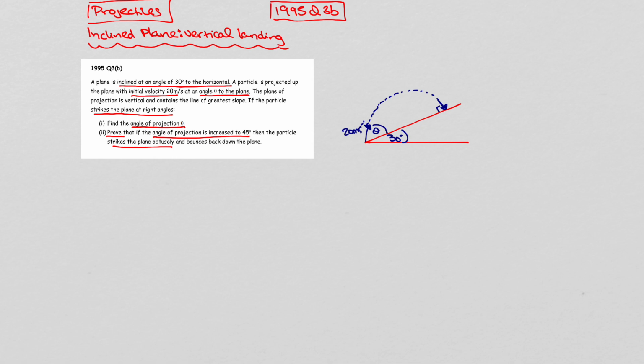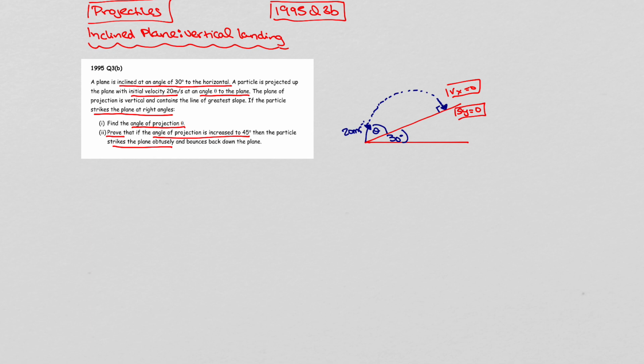So another thing to note then is when it's landing vertically, we know that there is no velocity in the x direction, and also that on landing Sy is equal to 0 because it started on the plane and lands on the plane, so the displacement in the y direction is 0.